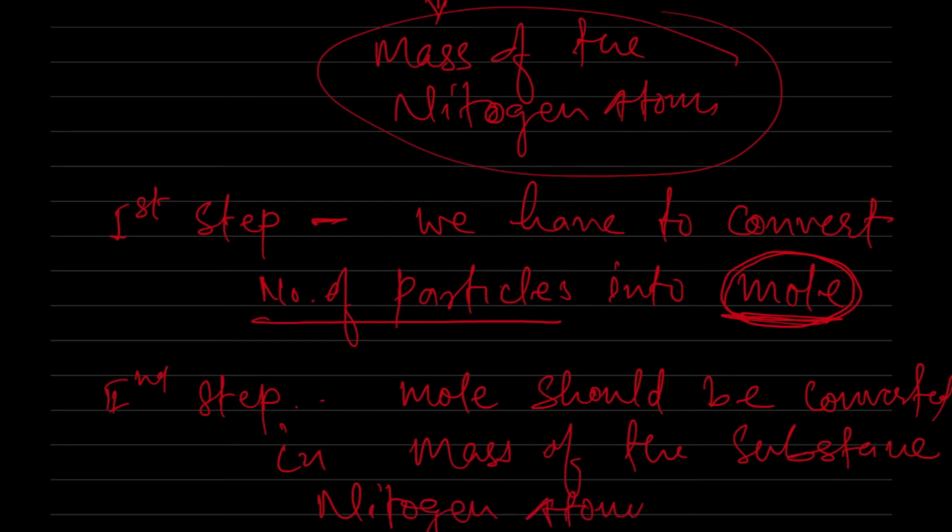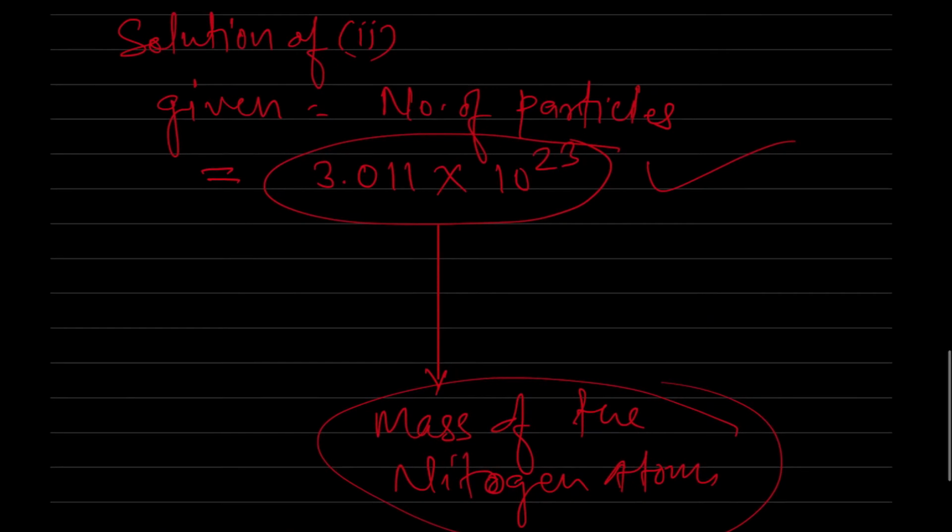तो यहाँ दो स्टेप्स में हम वर्क करेंगे. First step, we have given here the number of particles, that is 3.011 into 10 to the power 23, and we have to find out the mass of the nitrogen atom. So first of all the number of particle can be changed into moles, and then after that moles can be converted into mass of the substance, that is nitrogen atom.